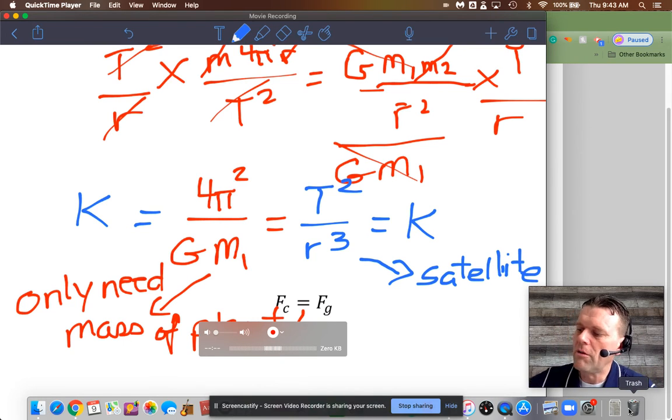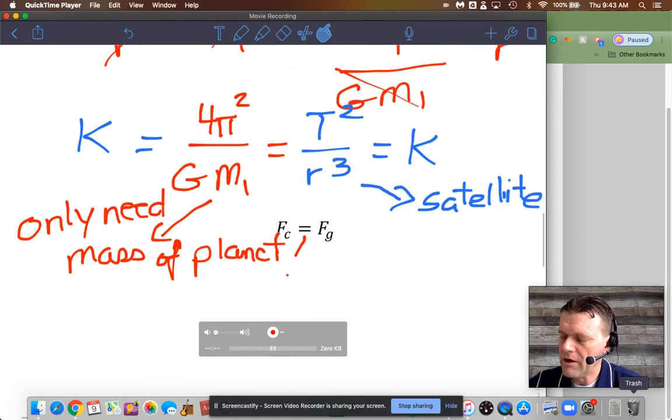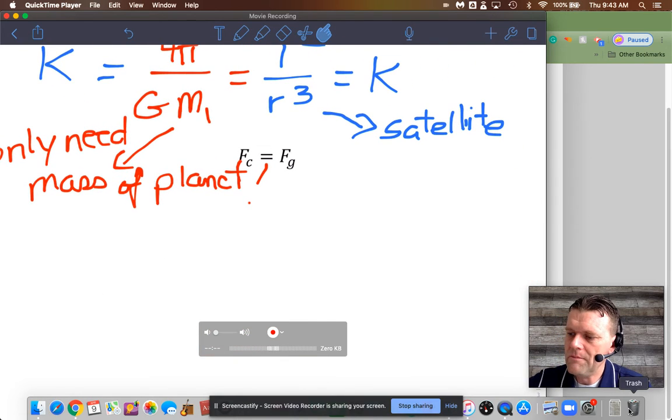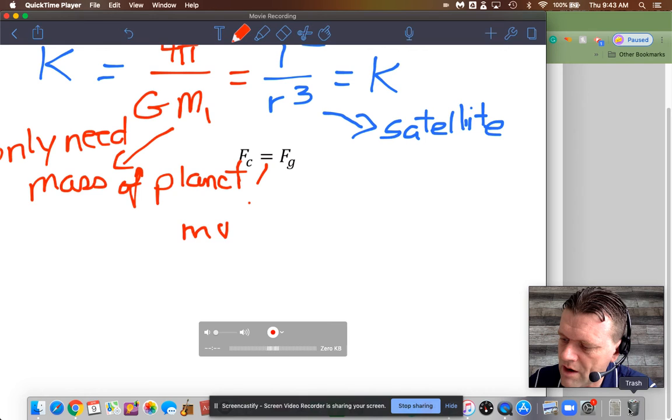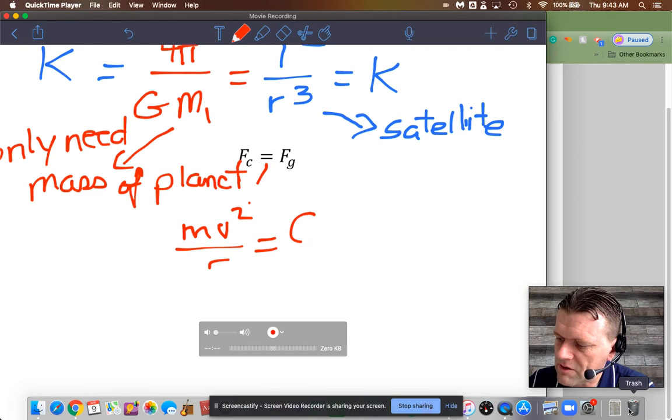Anyway, so now this isn't the only derivation that we can use, and I'll show you the second one here. I know I kind of started writing into it because we have another option for the centripetal force, and that is this guy. We can use mv squared over r and make that equal to big G m1 m2 over r squared.